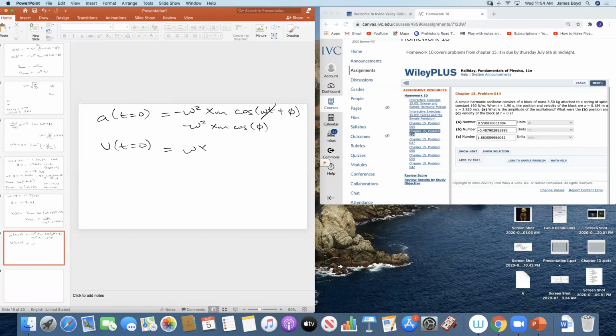Similarly, the velocity is negative omega x max sine of phi at time 0. That's pretty straightforward. You just plug in those values and you're done.